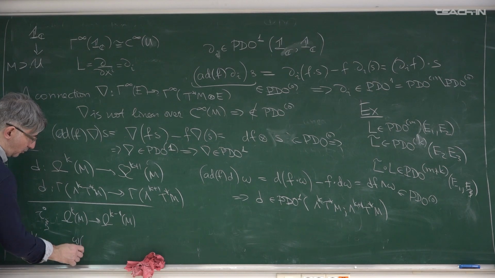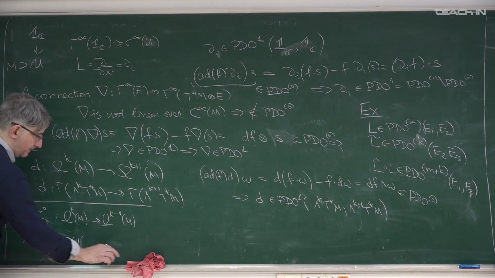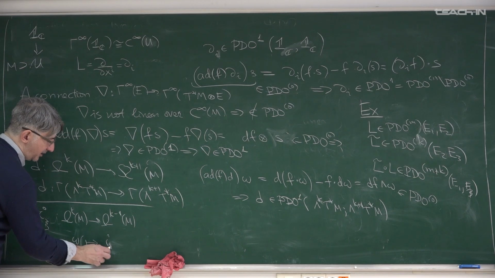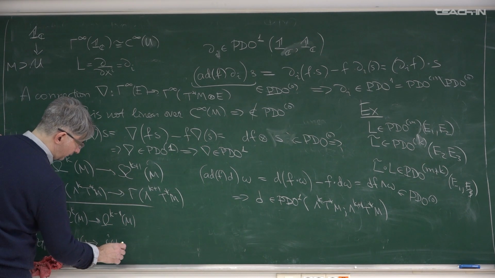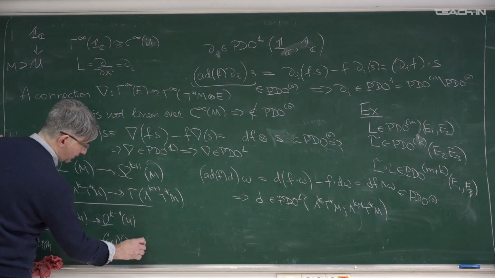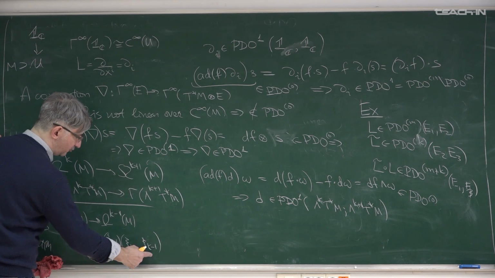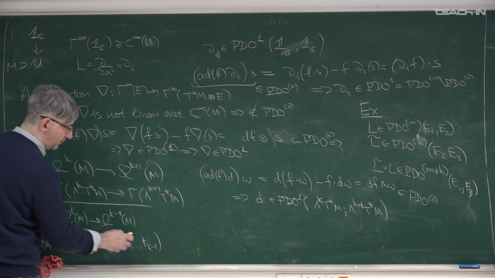It sends the form omega, because omega is a skew-symmetric function on vector fields, to a new object I xi of omega, calculated in the following way. You calculate it on vector fields with numbers from 1 to k minus 1, because this object is a differential form of degree k minus 1.